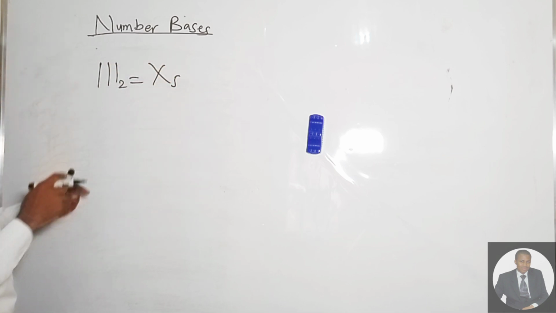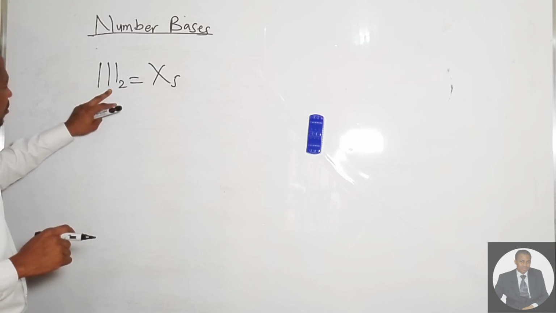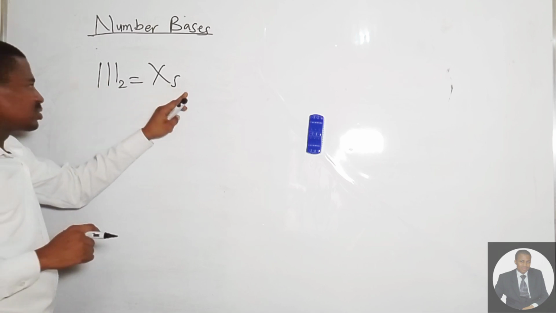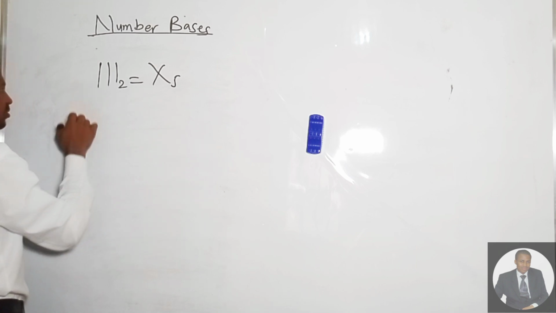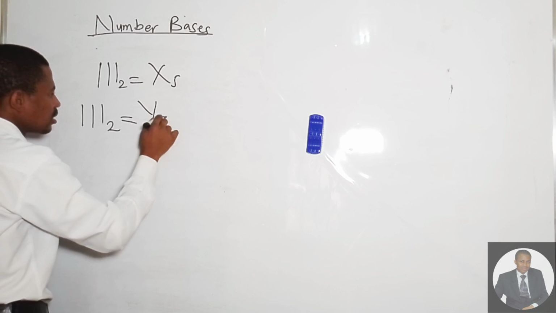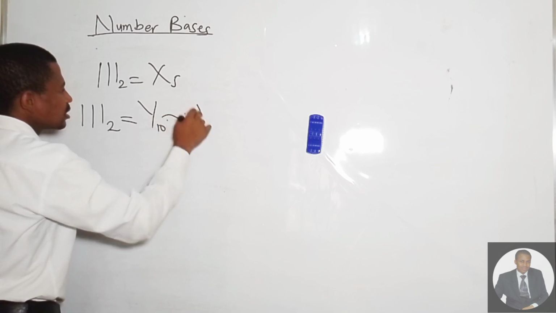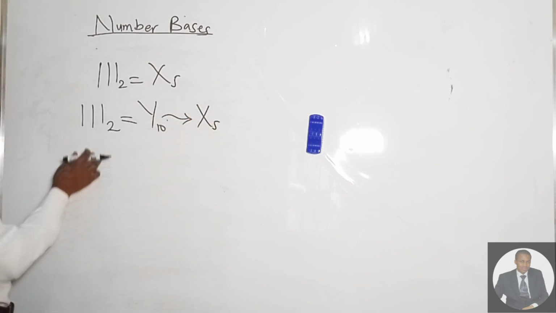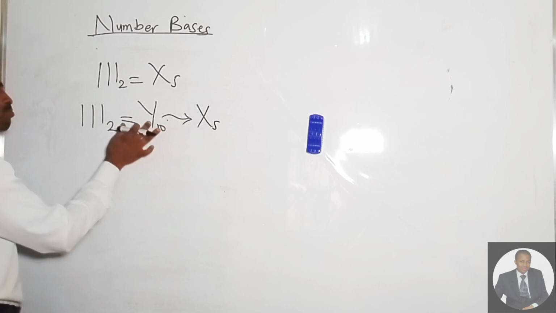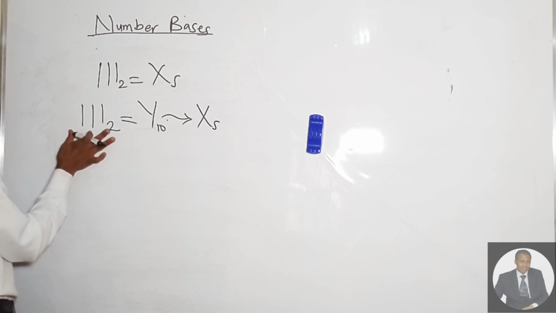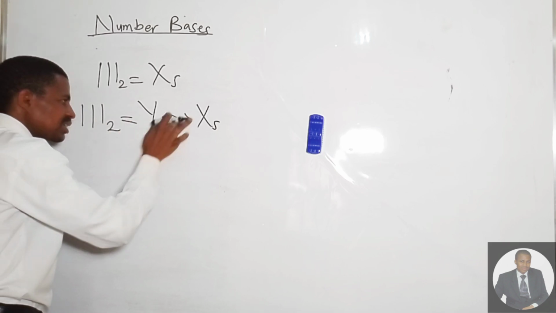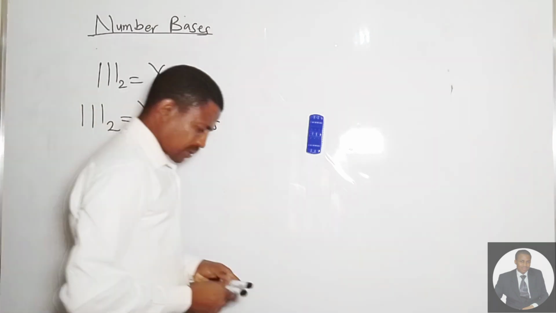Before we can convert anything from a base other than 10 to another base, we have to first convert to base 10. So any number other than base 10 that needs to be converted to a particular base, the basic base is base 10. Then from base 10, we convert to that particular base.